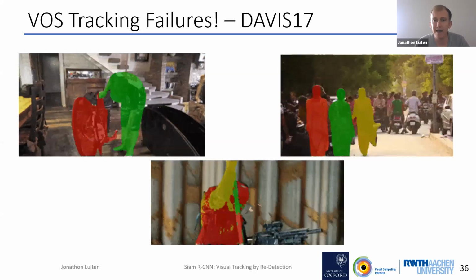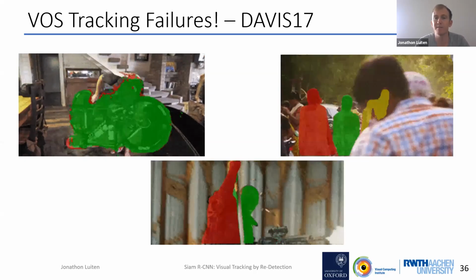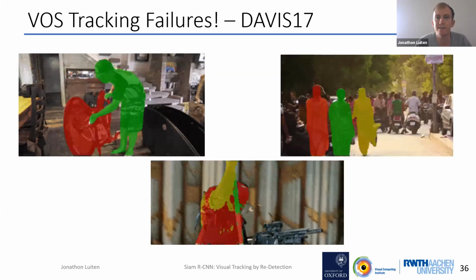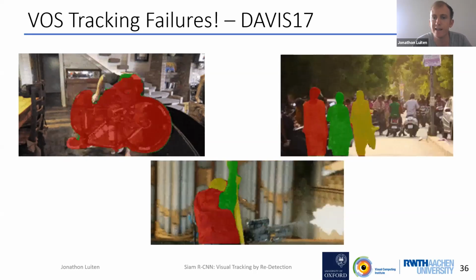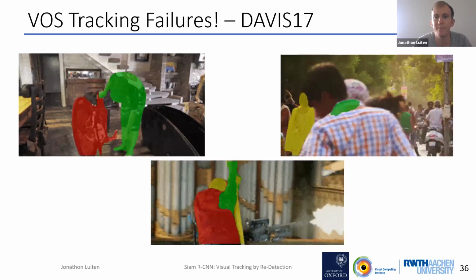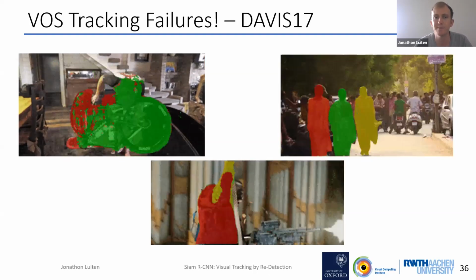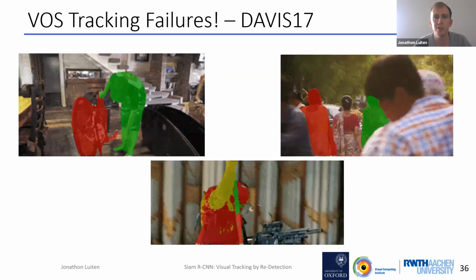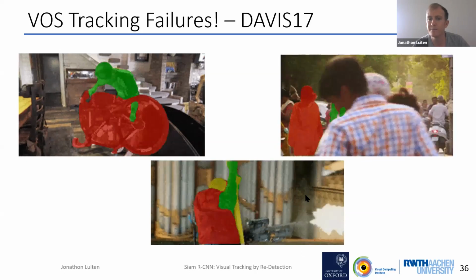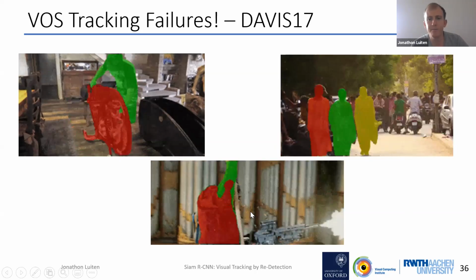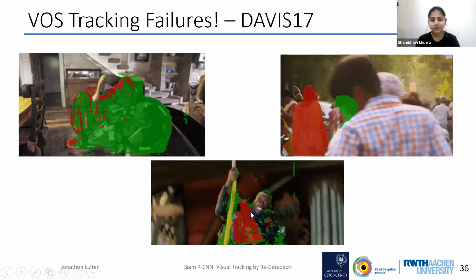So things look really bad, and they are really bad because the evaluation measure doesn't care about your confidence in this case. But it's not necessarily that the method is completely failing, it's just predicting something in every frame. And that something is sometimes a bit rubbish. But it is also completely failing in some cases too, especially at the bottom here. This sequence is really hard. It shouldn't be, but it is.